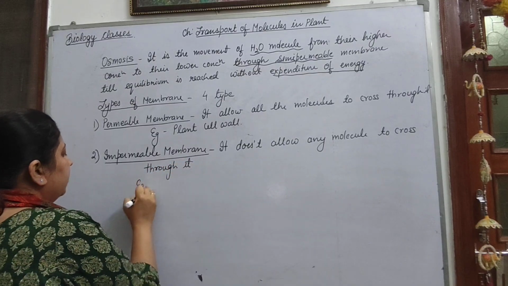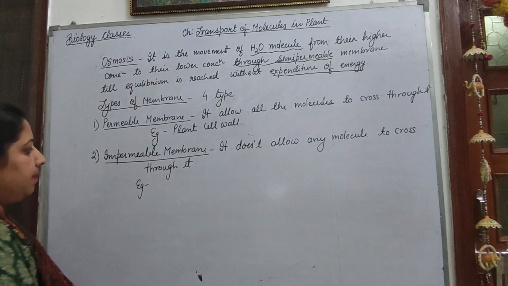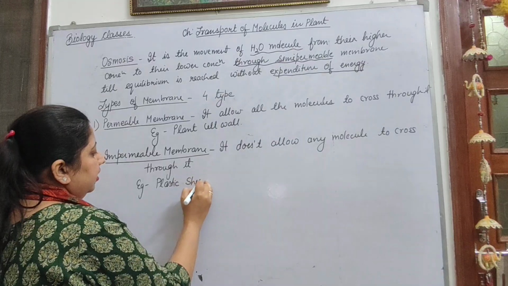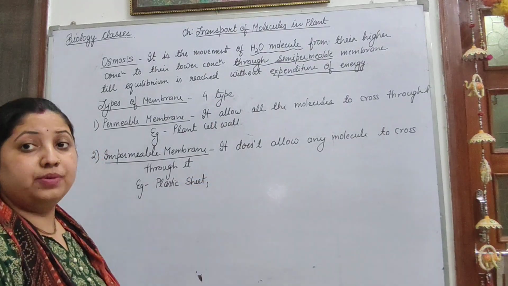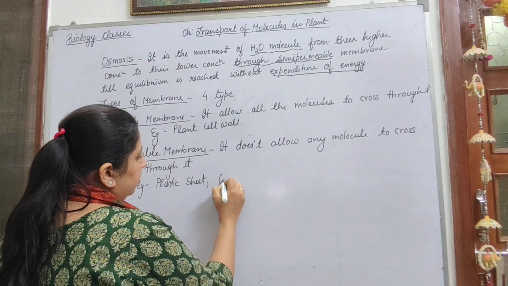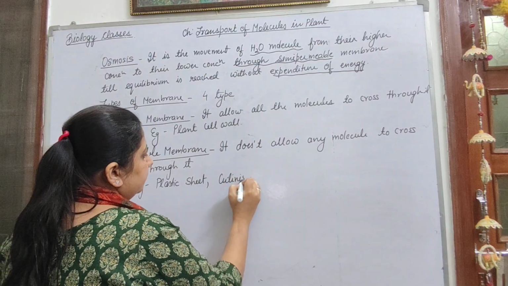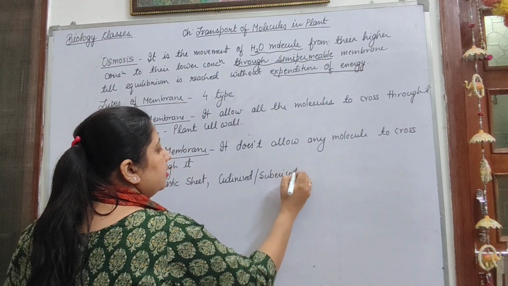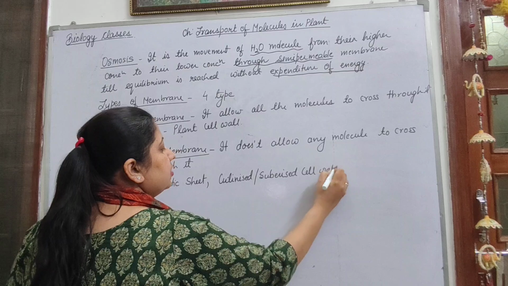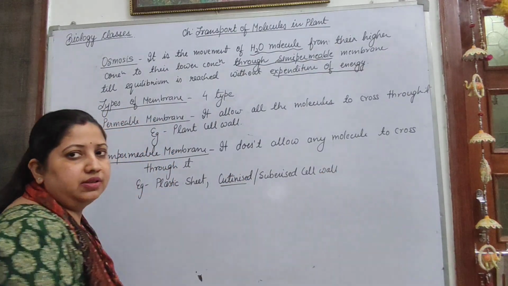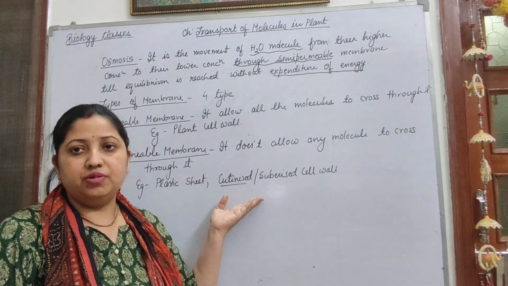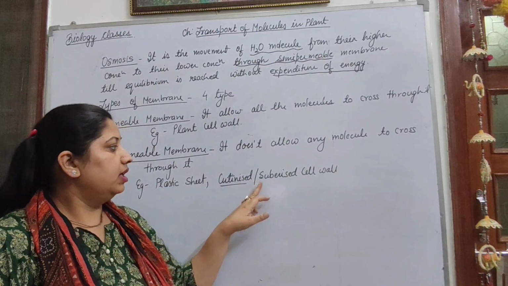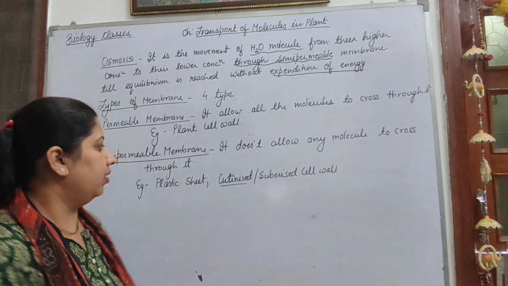For example, a plastic sheet, or a cutinized or suberized cell wall. This cutin or suberin deposition on the cell wall makes the cell wall impervious to water and gases. So no type of molecule can cross through this suberized or cutinized cell wall.